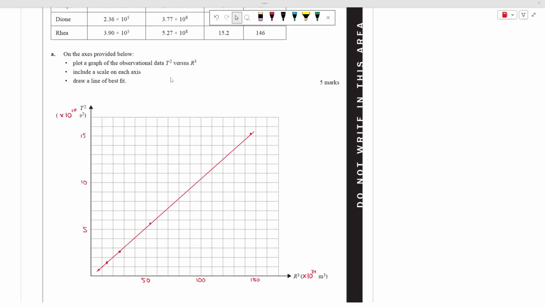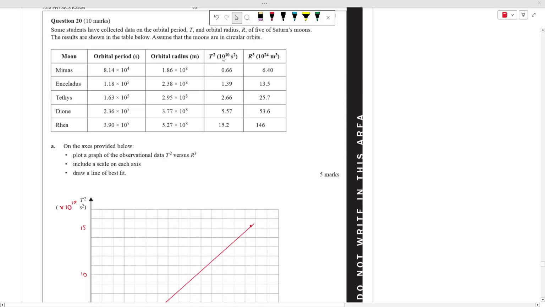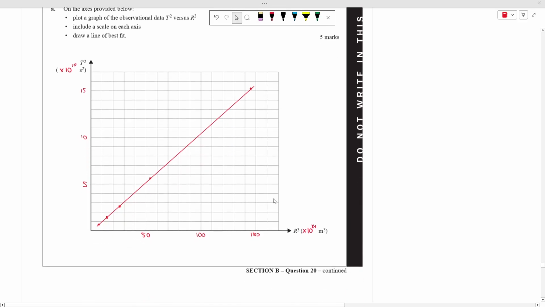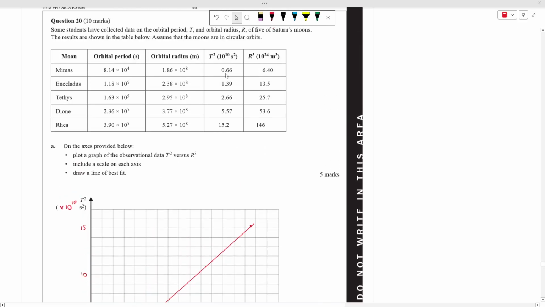Alright, there we go. So let's see what I've done. Plot a graph of the observational data T squared versus R cubed. Include a scale in each axis, draw a line of best fit. So the scale and units first. Your T squared is times 10 to the 10, so put that in there. Your R cubed is times 10 to the 24, so you put that in there. Now look at the range of your data.